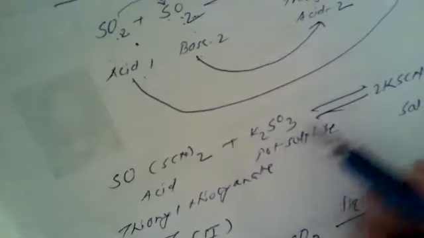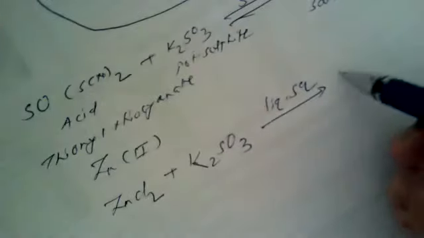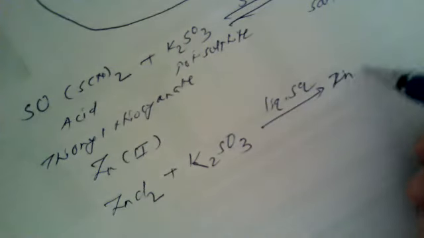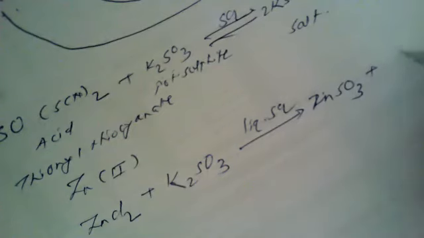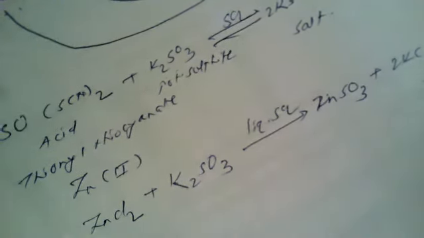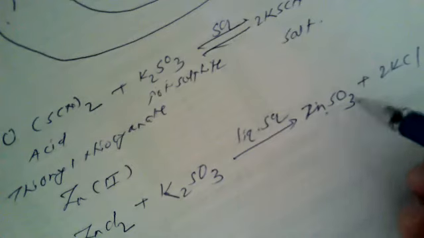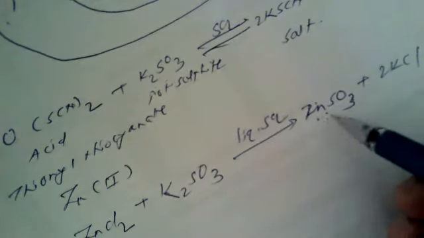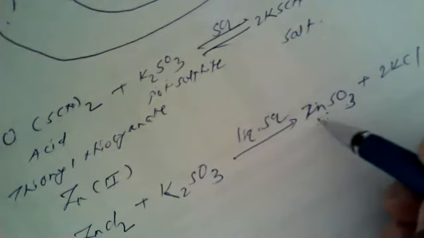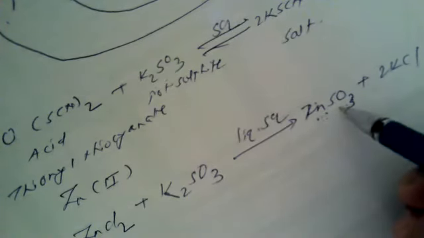This reaction also takes place in presence of liquid sulfur dioxide. Here this can form zinc sulfite ZnSO3, and two molecules of potassium chloride are obtained. Here this is zinc sulfite. When it forms ZnSO4, that is known as zinc sulfate, but here that forms zinc sulfite.